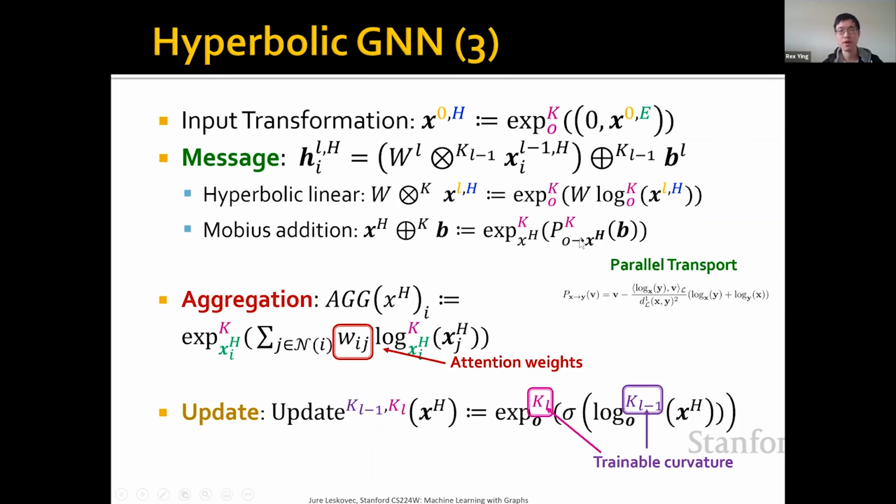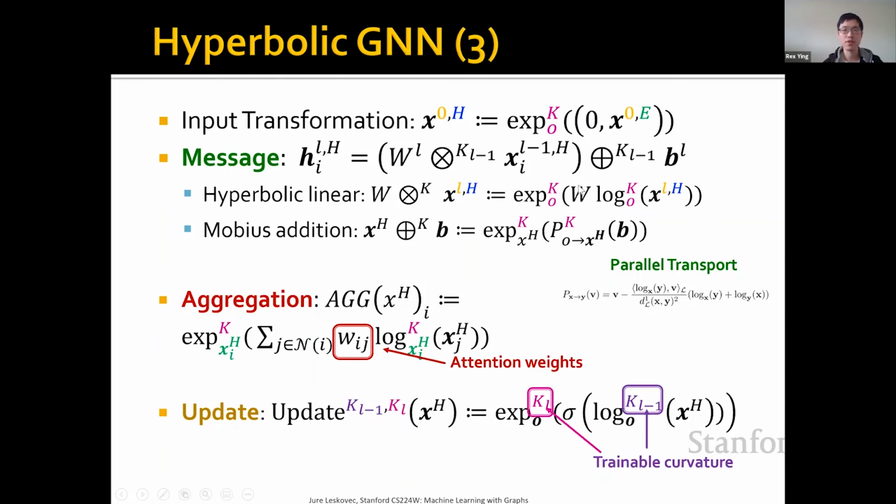But in hyperbolic space, you cannot freely move the vector, because as you can see in the visualization, if we move a vector out towards the edge, it will seem smaller. The norm of that vector will have to change. So parallel transport represents the analogy of the addition operation in the hyperbolic space.